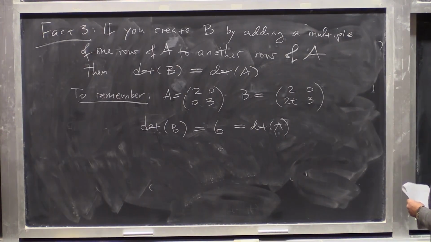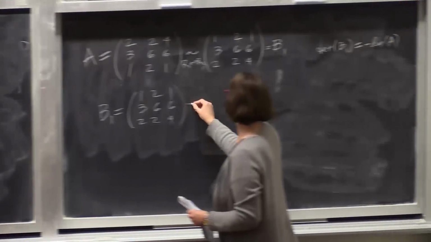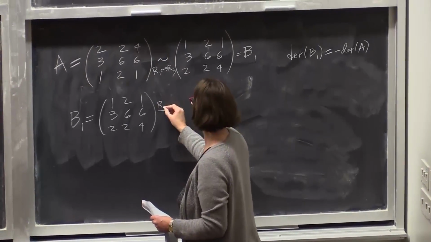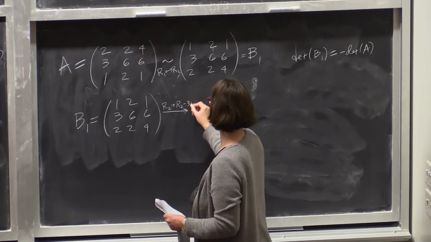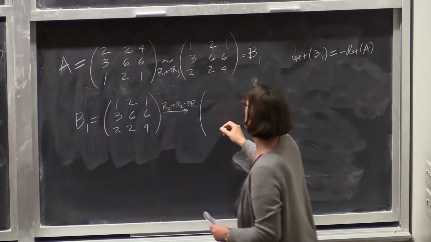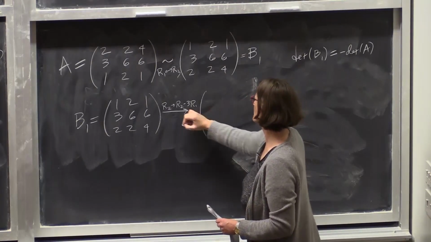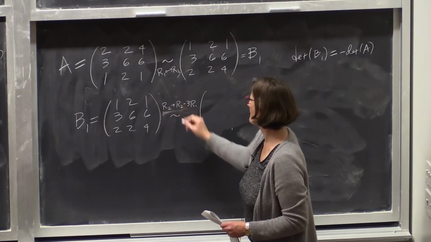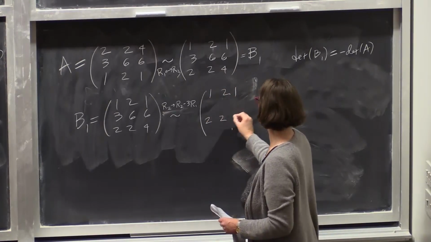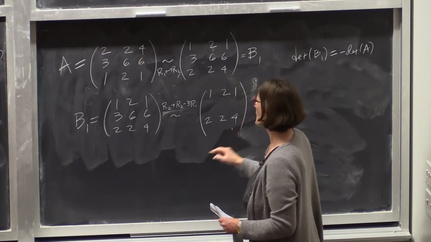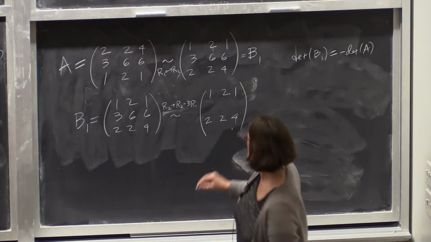Now, B1, which is 1, 2, 1, 3, 6, 6, 2, 2, 4, if I send row 2 to row 2 minus 3 row 1, I get the matrix 1, 2, 1, 0, 0, 3, 2, 2, 4.